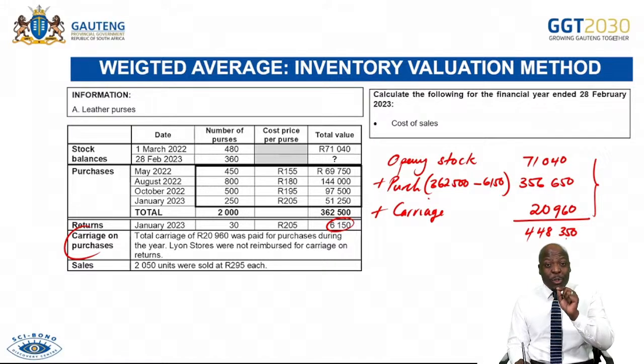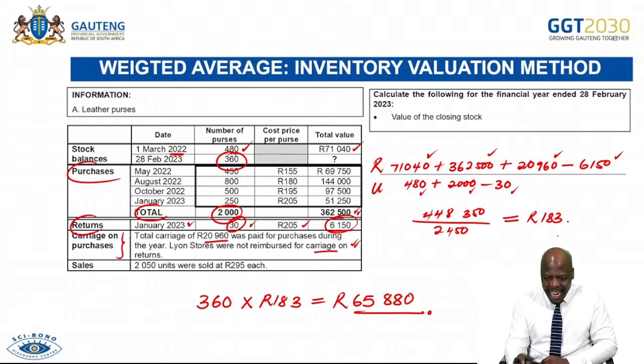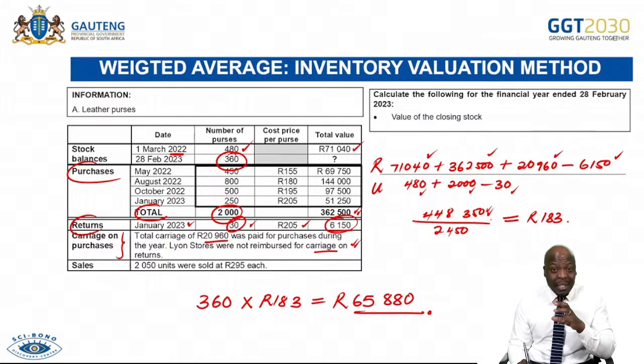This figure should ring a bell in your mind. Where did we see this figure before? Oh, we saw it somewhere. Where was it? Here. This is where we saw it. You remember this now? We saw it when we're calculating the value of closing stock. So it simply means we took a longer route. We could have just taken this figure because we had it initially.